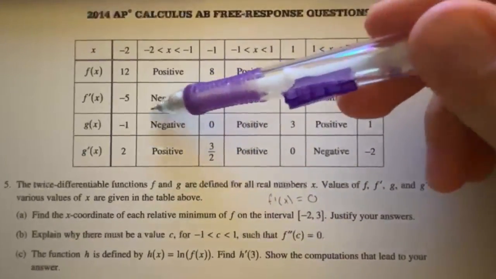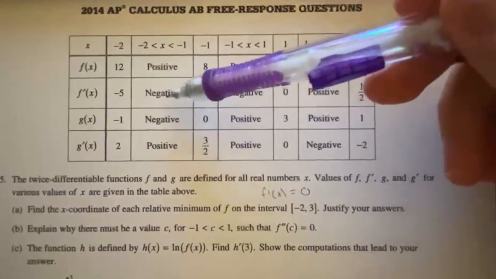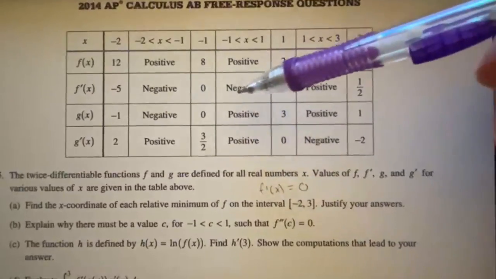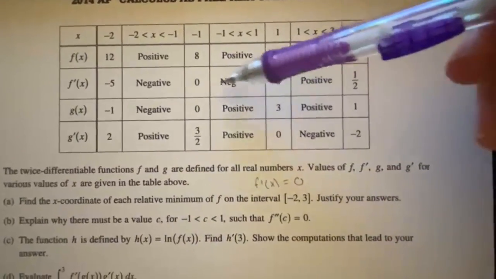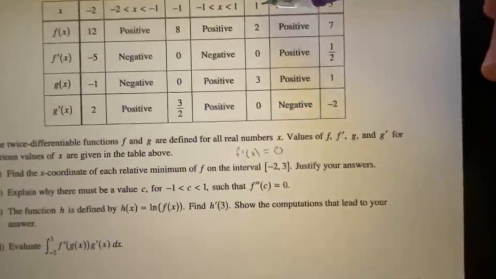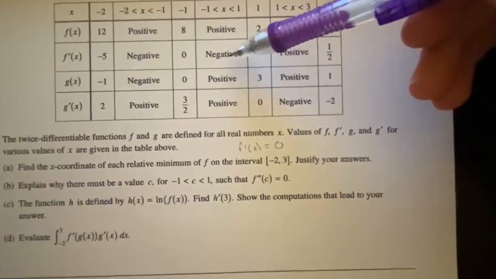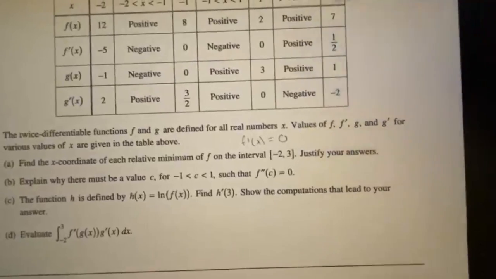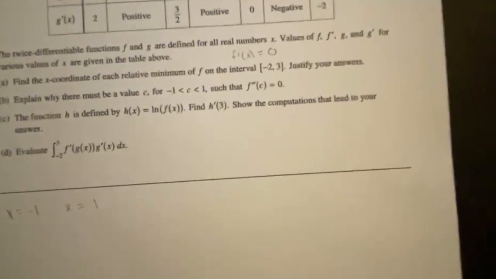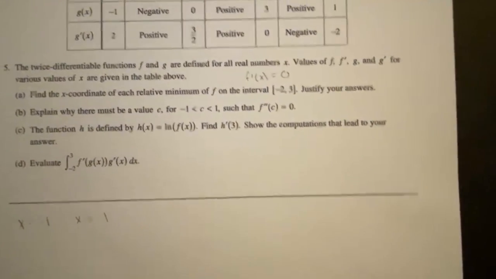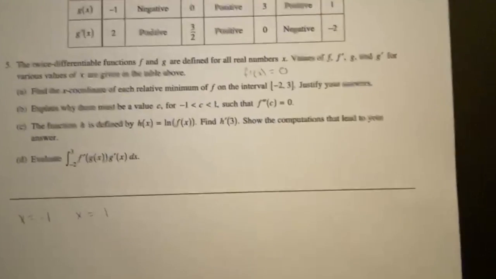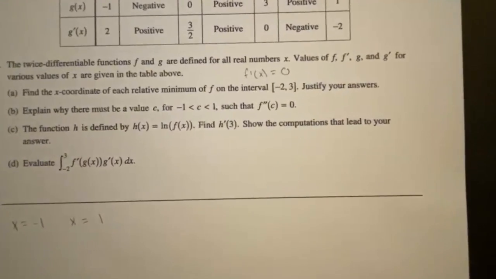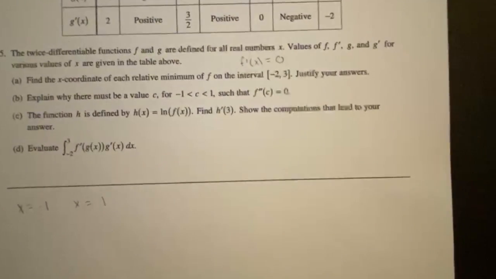And when it keeps going, it stays negative. But then if we look at 1, we see that it starts out negative, but then goes to become positive. So because it's like that, we understand that f will have a minimum value because f prime of x changed from a negative value to a positive value.